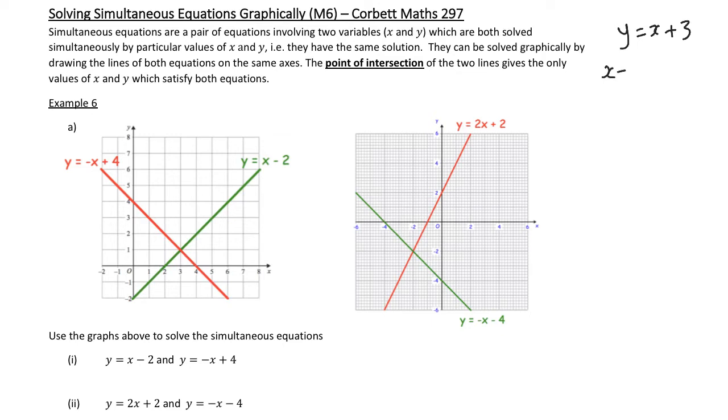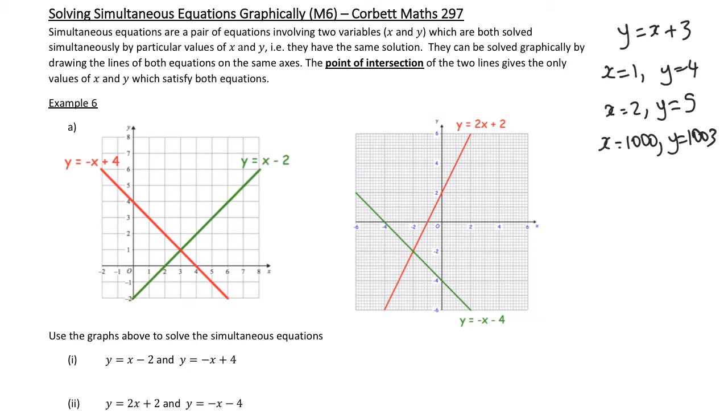So if x was equal to 1, y equals 4. If x equals 2, y equals 5. X equals 1,000, y equals 1,003. And there's an infinite number of combinations. And that's why whenever we plot those, it forms this nice straight line.